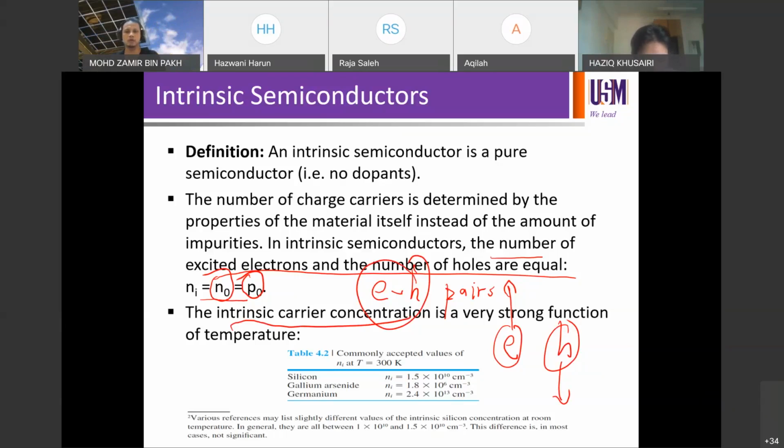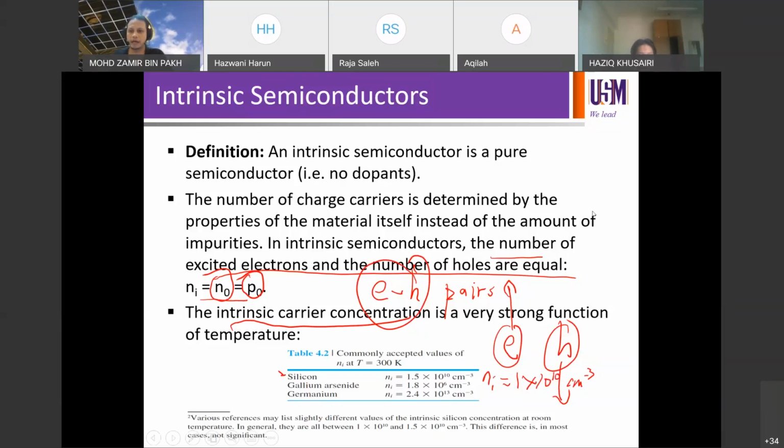So at 300 Kelvin, if you talk about intrinsic carrier concentration in silicon, ni is equal to 1.5 times 10 to the 10 per centimeter cube. You may also encounter that ni equals 1 times 10 to the 10 in some references.